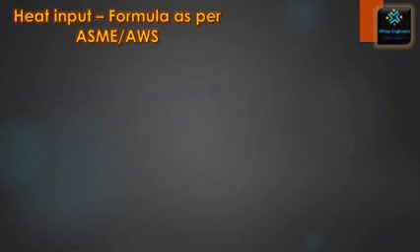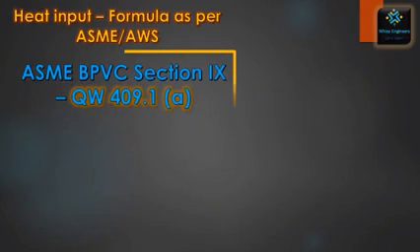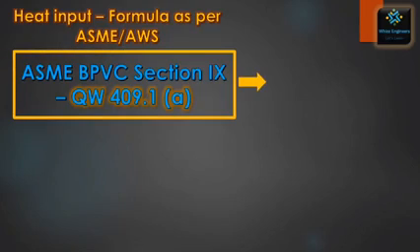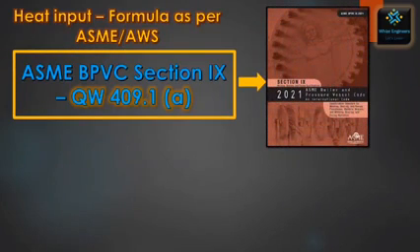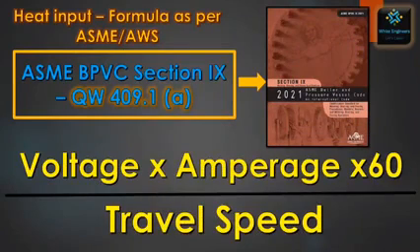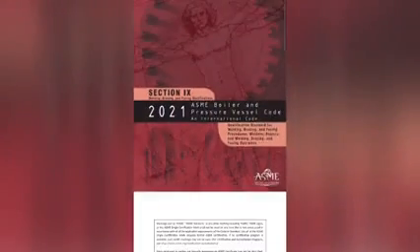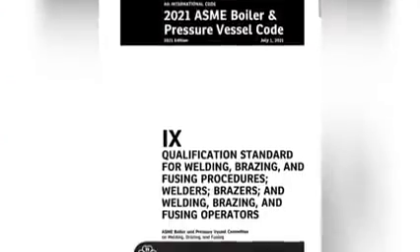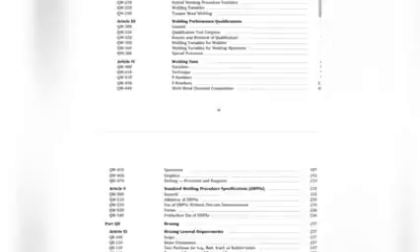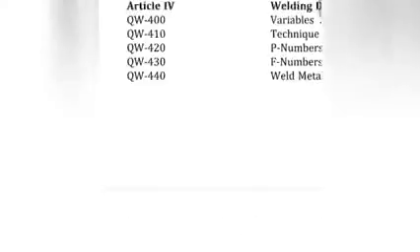So now we will see the heat input formula, which is given in ASME Boiler and Pressure Vessel Code Section 9, QW-409.1a. So this is our Section 9, 2021 edition. It is given in the welding data, Article 4.